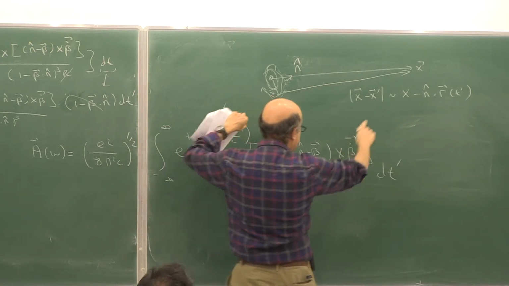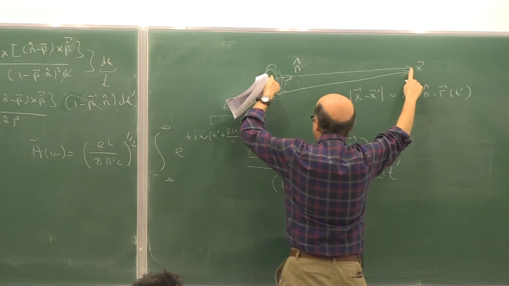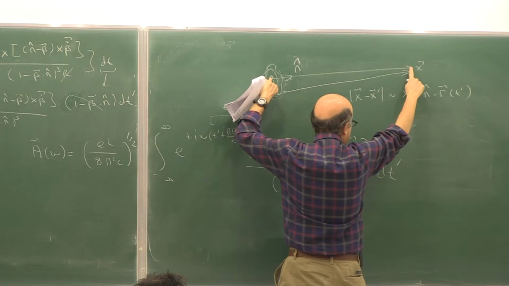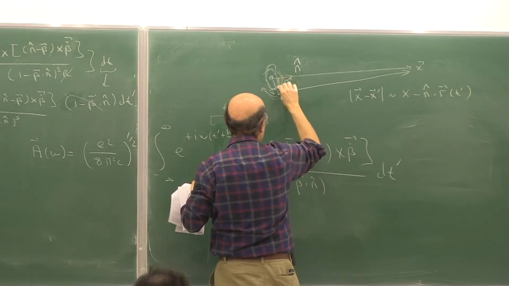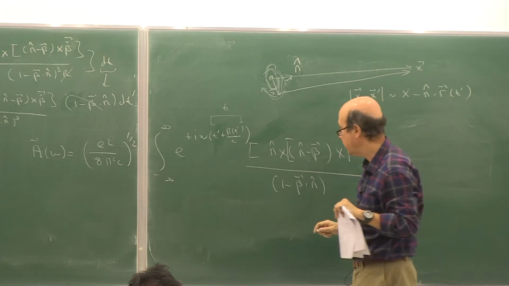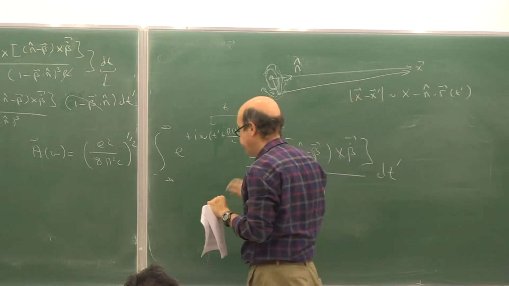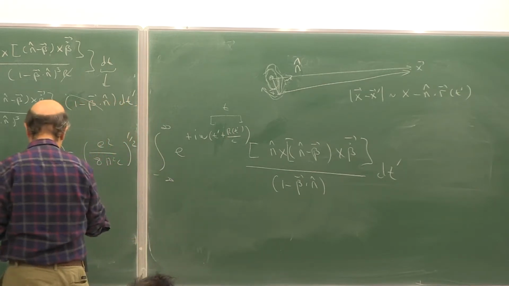That was nothing but the x minus x prime magnitude is equal to, from the Taylor expansion or binomial expansion, x magnitude minus the projection of the x prime along the n hat. Okay, so same trick.